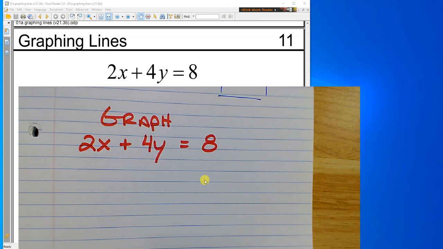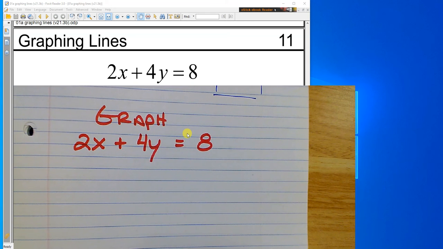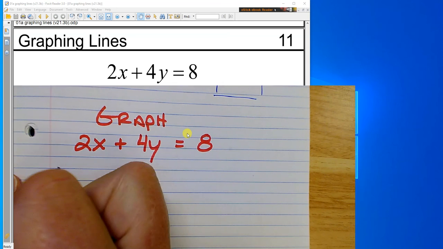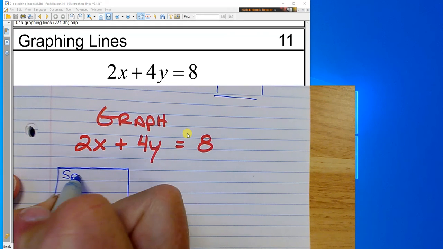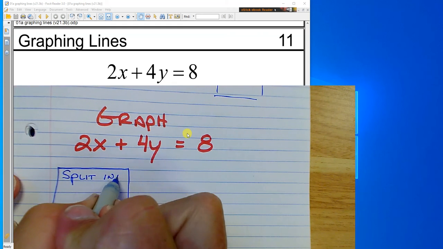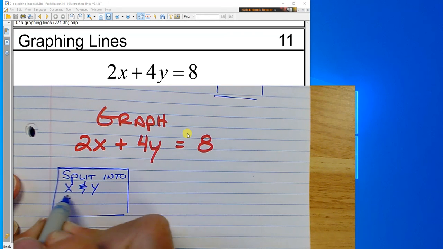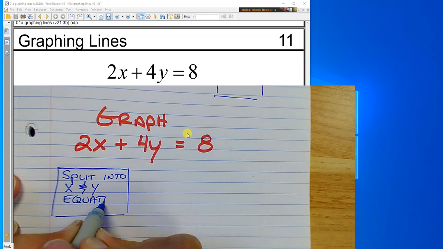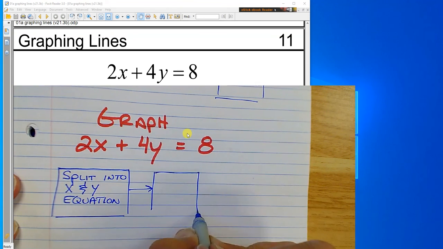What we'll do is we'll split it into an x equation and a y equation. We'll solve it for x.